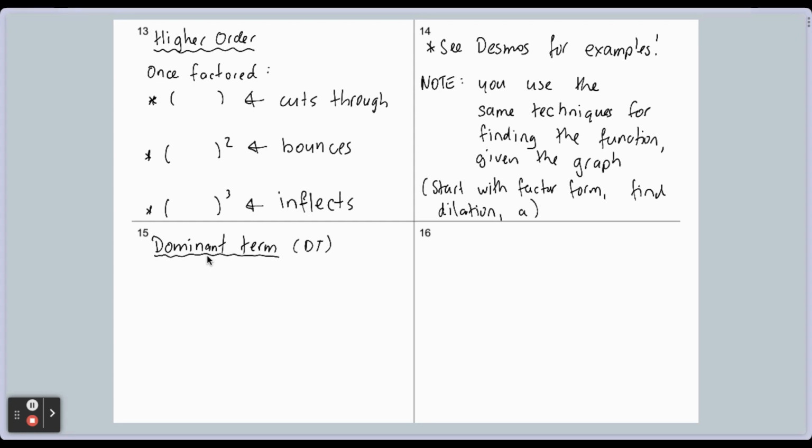Dominant term is important to determine the start and the finish.